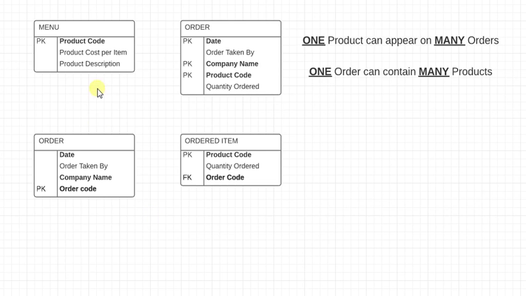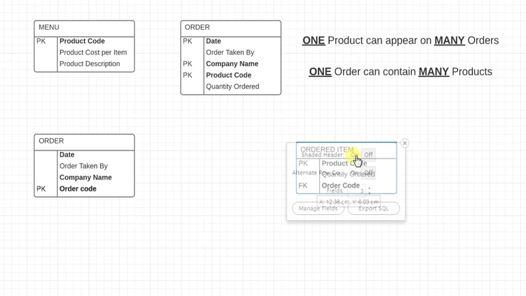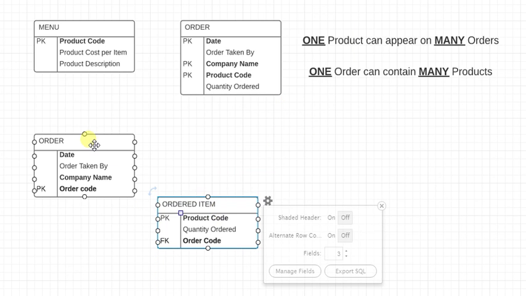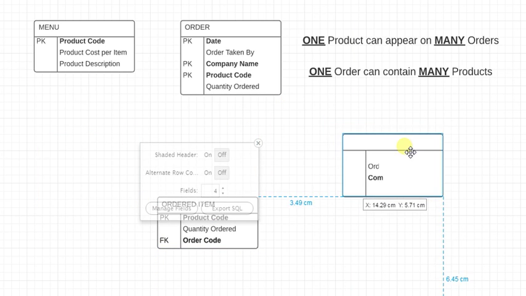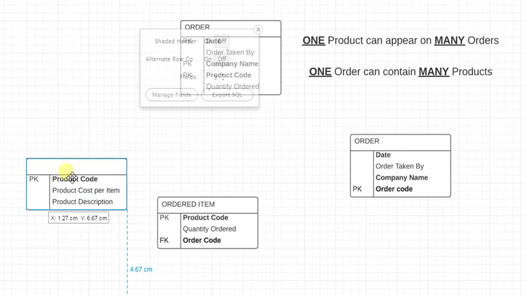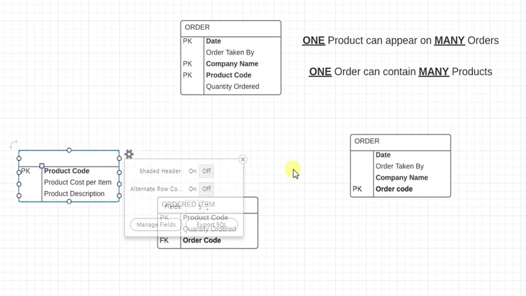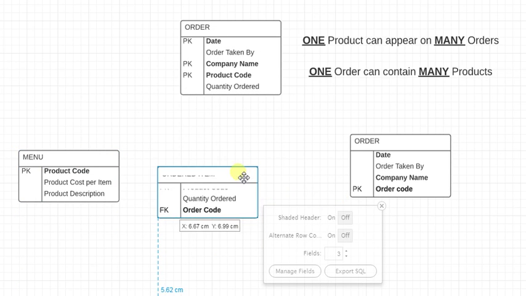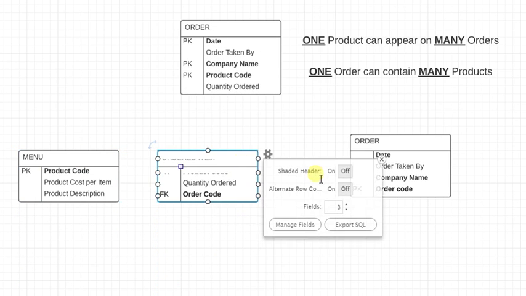So instead of having menu and order, I've now got, to deal with this problem, to break the relationship between order and menu, this table in the middle which joins them together.